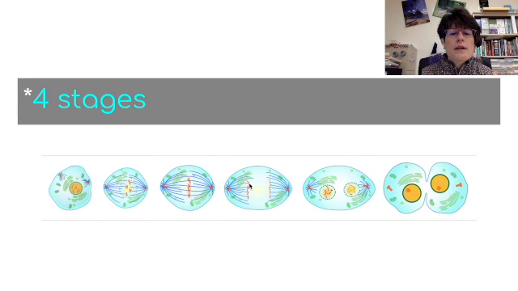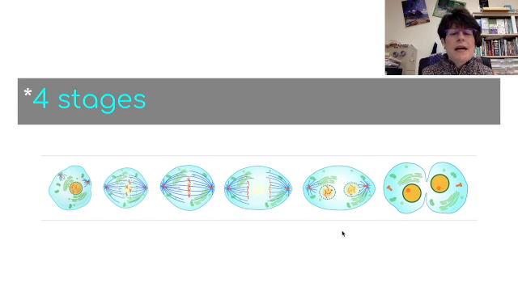Anaphase, where the sister chromatids separate and start to go to their respective ends of the cell to form two new cells. Then we have telophase, where they have completely separated, gone to their other ends, starting to form that nuclear membrane again. And then cytokinesis, where it splits. So the 4 stages, though, are actually prophase, metaphase, anaphase, and telophase.